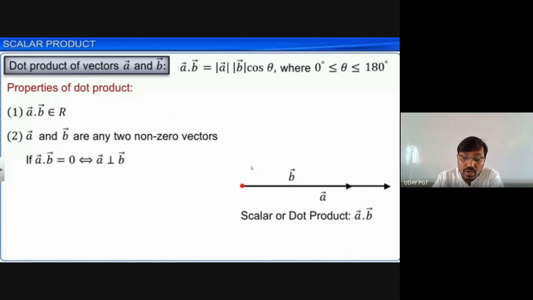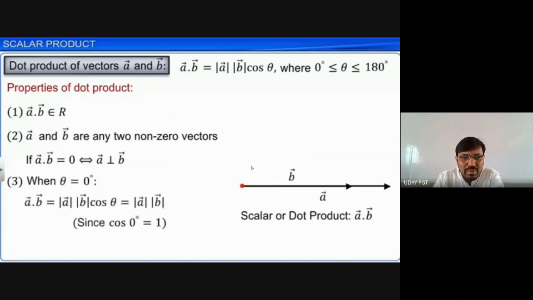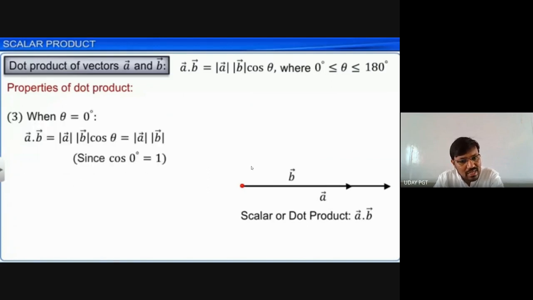If both vectors are the same vector, meaning they coincide, and the angle between them is 0 degrees, then the dot product equals the magnitude of a bar into the magnitude of b bar, because cos 0 degrees equals 1.